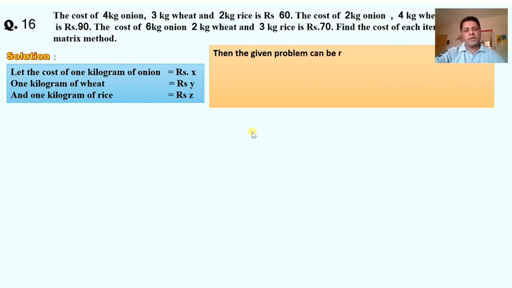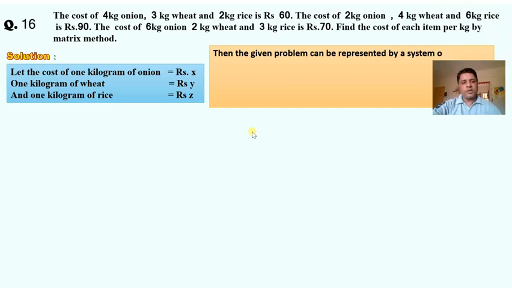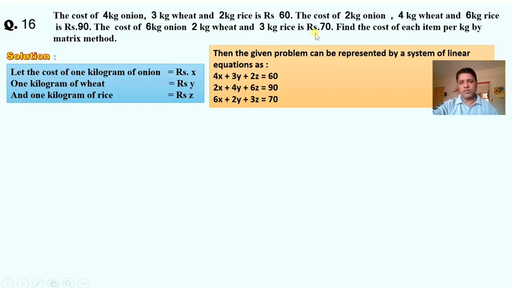So we will be converting this whole statement into a mathematical statement, that is a system of linear equations, as 4x plus 3y plus 2z is equal to 60, and then 2x plus 4y plus 6z is equal to 90, and then 6x plus 2y plus 3z is equal to rupees 70.